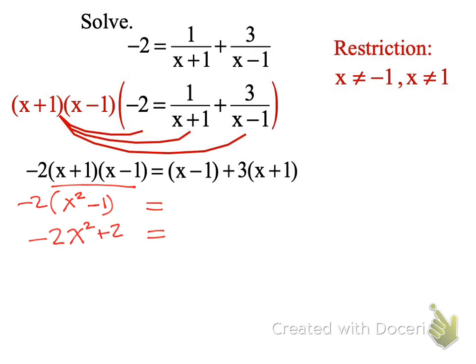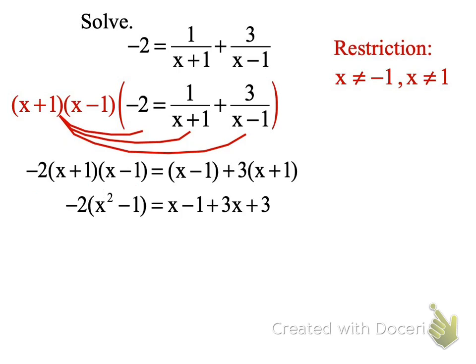So I go right for distributing that negative 2. And then I've got the x minus 1, and I distribute the 3x minus 3, plus 3. Okay? And on this side, I can combine my like terms: x and 3x make 4x, and this makes positive 2. Now what?